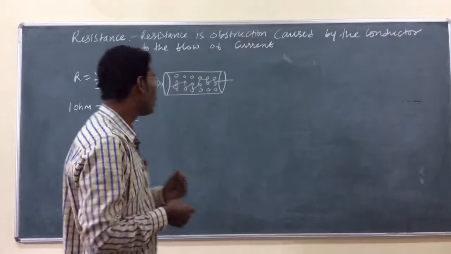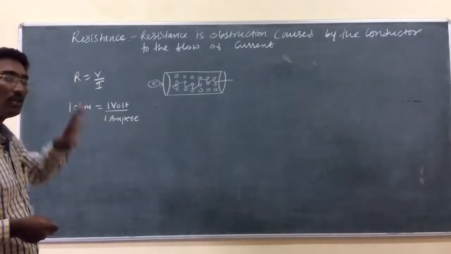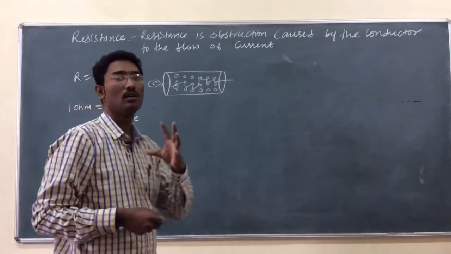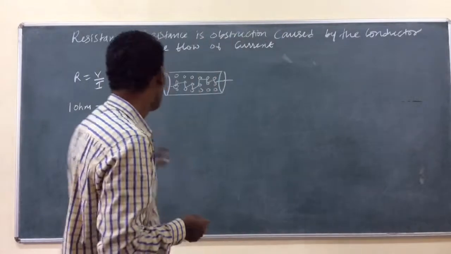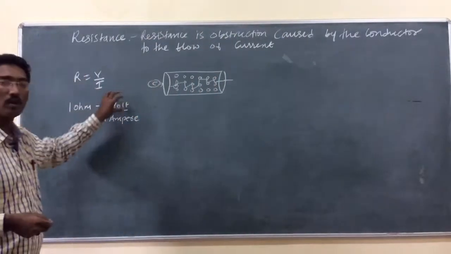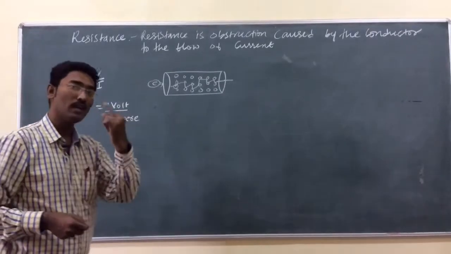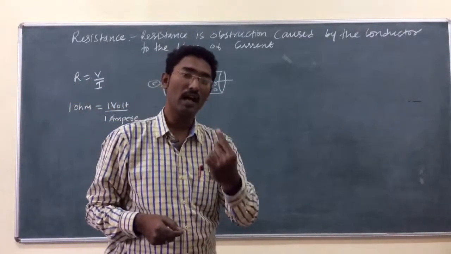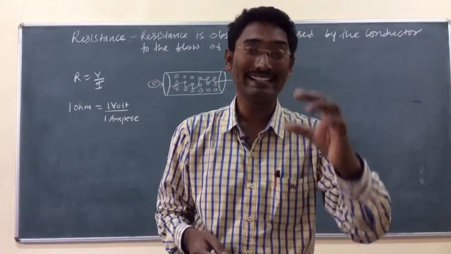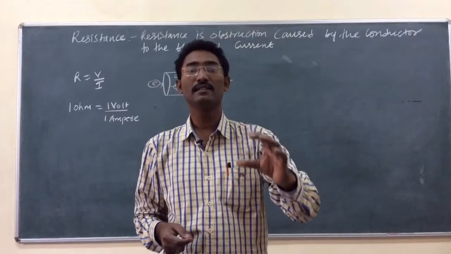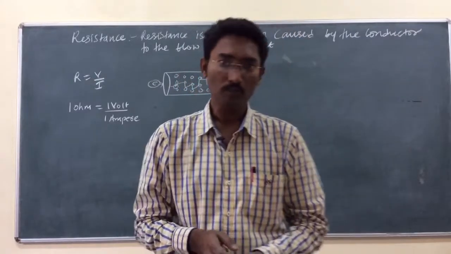So according to Ohm's law, R is equal to V by I. The unit of resistance is ohm, and 1 ohm is equal to 1 volt upon 1 ampere. So if 1 volt allows 1 ampere of current to flow through the conductor, then the conductor is said to have a resistance of 1 ohm.